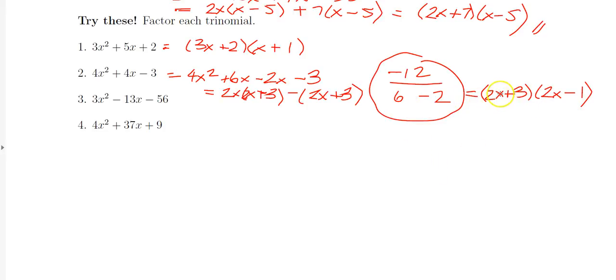Okay, so I'll have 2x squared minus 2x plus 6x, which will give me positive 4x minus 3. Okay?